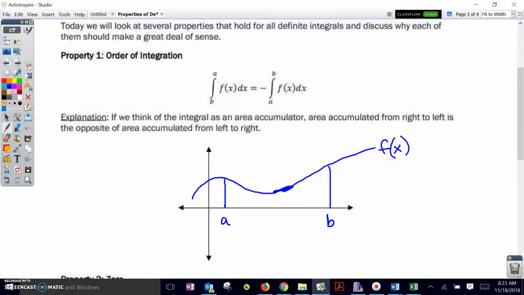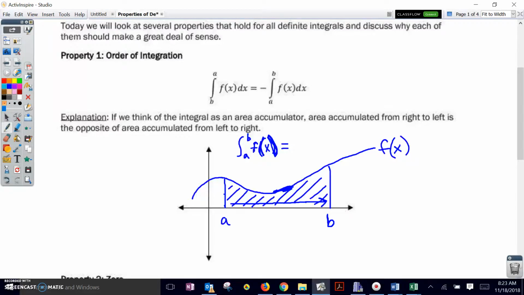Okay? Now, the integral from a to b of this function can be found by just accumulating all of the area from left to right. So it's picking up all that area as I move from left to right across this region.